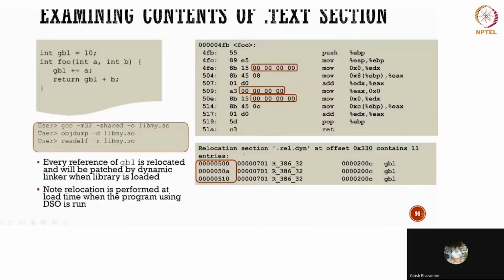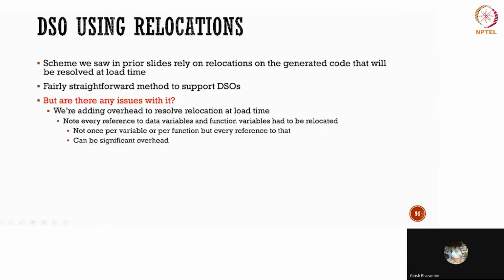Okay, and this works exactly similar to how it would have worked in the compiler generated relocation case. But there is one problem: unlike the earlier relocations which we saw, these relocations which are generated need to be resolved at load time, because the shared library is not part of your executable.